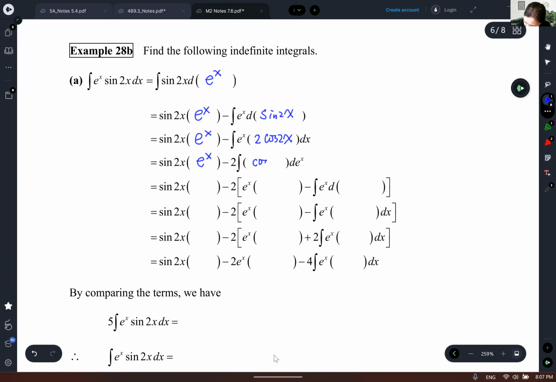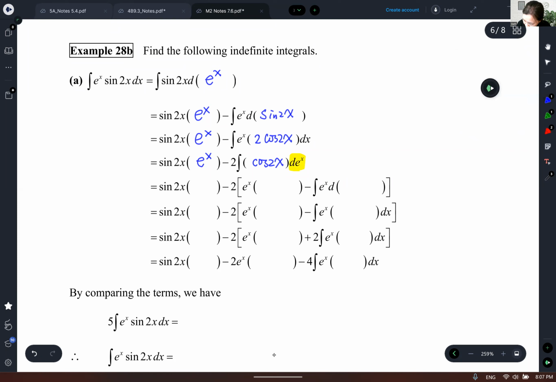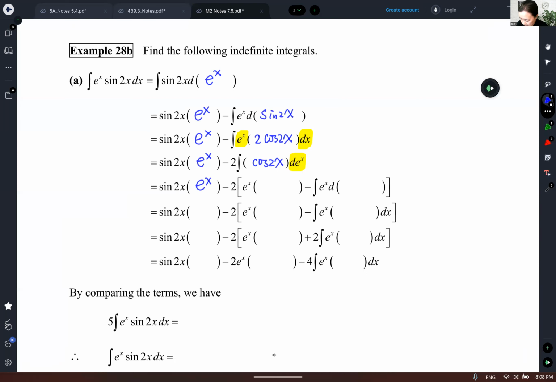And then I have cosine 2x. So in this step, I take out 2 and I did the integration by parts. So d(e^x) and then e^x. This one, I can use the by parts formula again.